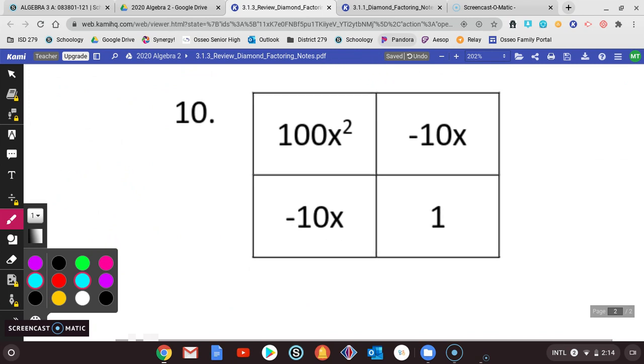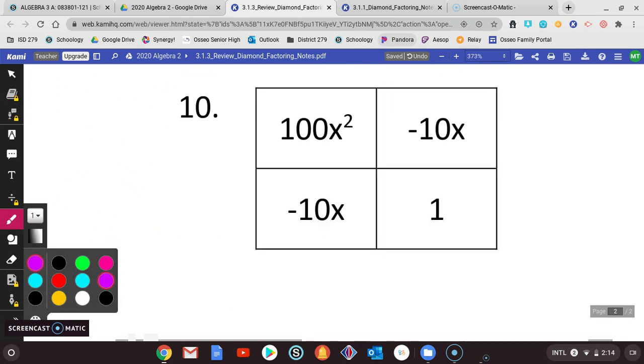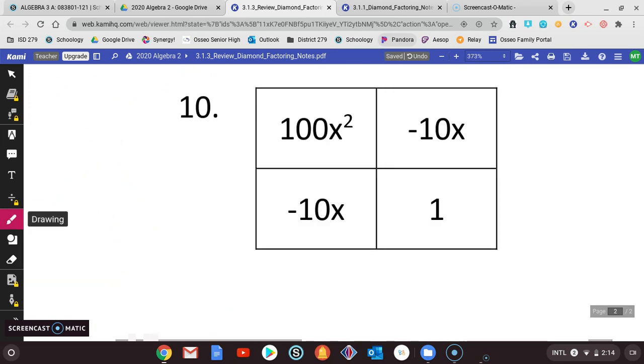So let's do that same thing here. Since I see 10s, I'm just going to jump to 10 times 10. It's just a lot easier when you already know another letter. So this is -1 times 10 times x, -1 times 10 times x, and this is just 1 because that's all there is.